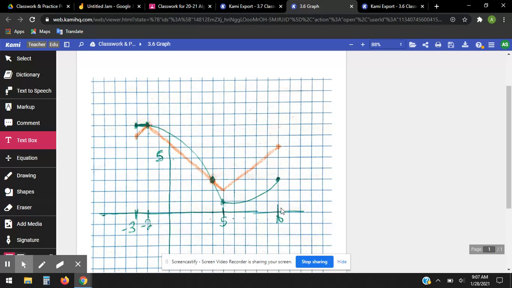So both my graphs go from -3 to 10. But it has to decrease from -2 to 5. And so this one I did a curve going down from -2 to 5. This one I did a straight line going from -2 to 5 and did it more of a zigzaggy. So notice how they both fit all 3 of my criteria, but they do look different.